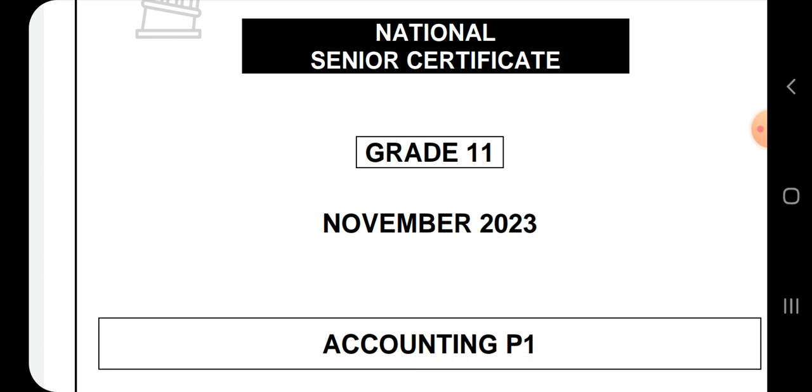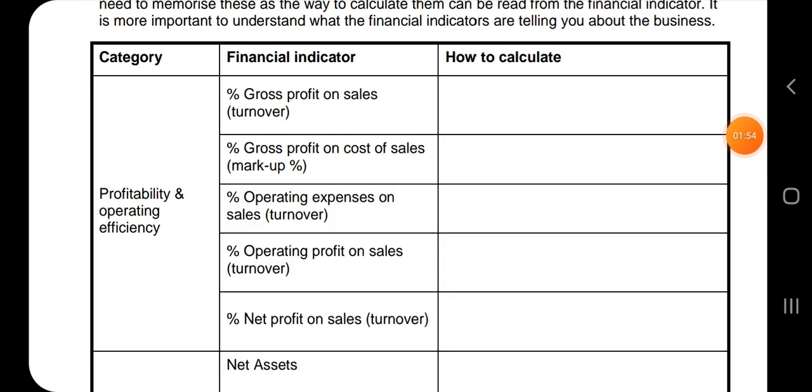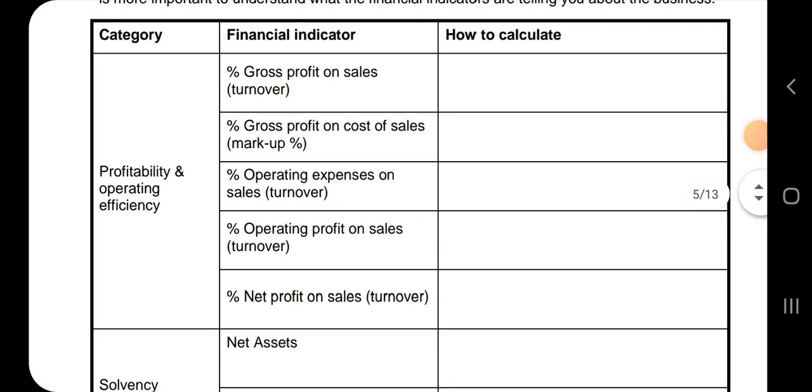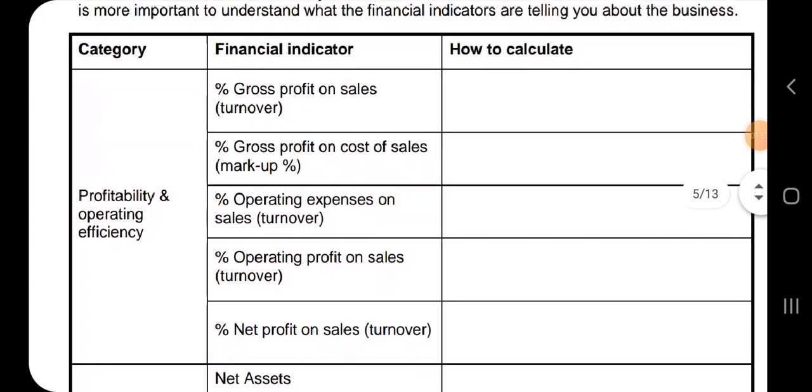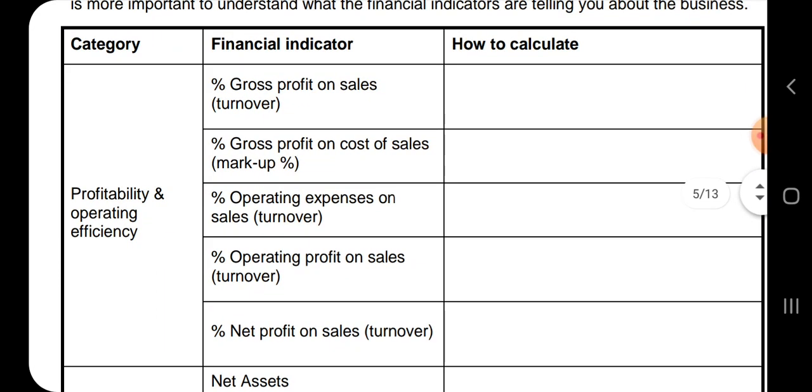Now let's look at what different ratios represent. So here we have the category: profitability and operating efficiency. When they say comment on the profitability of the business, you look at gross profit on sales, gross profit on cost of sales, operating expense on sales, operating profit on sales, and net profit on sales.